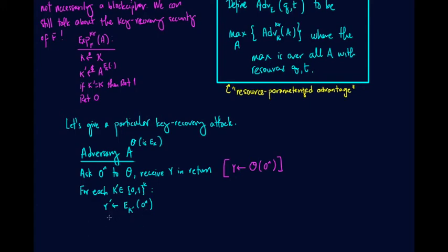What do we want to do? Well, we want to use this to help us determine whether or not, well, to help us guess what the key is. So if y prime equals y.